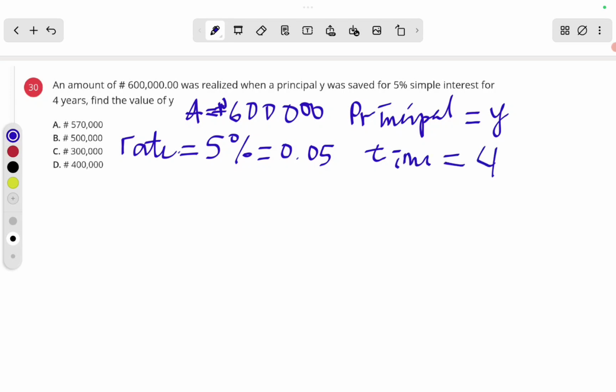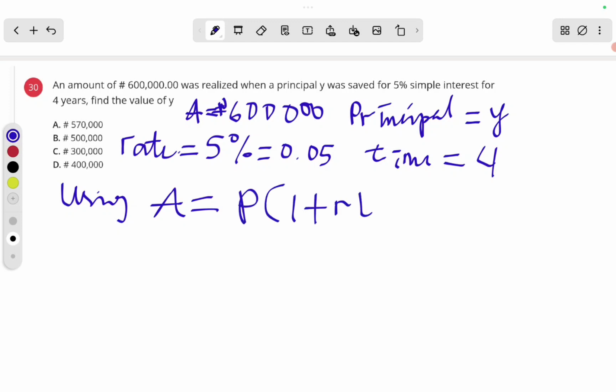The time is 4 years. Now, we are going to use the formula A equal to P into the bracket of 1 plus RT.